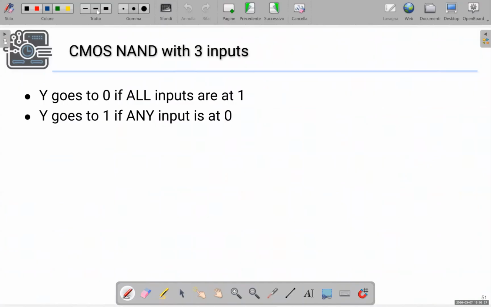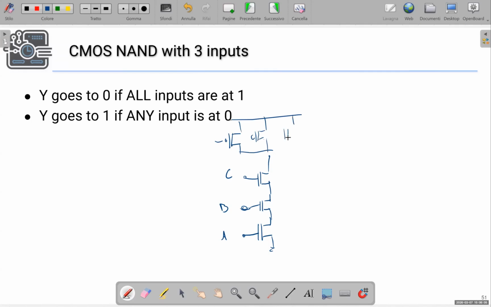How can we implement a 3-input NAND? Well, basically, the idea is quite similar. It's sufficient to put 3 NMOS transistors in series, which keep the output low if and only if all the inputs are high, while we have a pull-up network made of 3 PMOS transistors in parallel, like this.